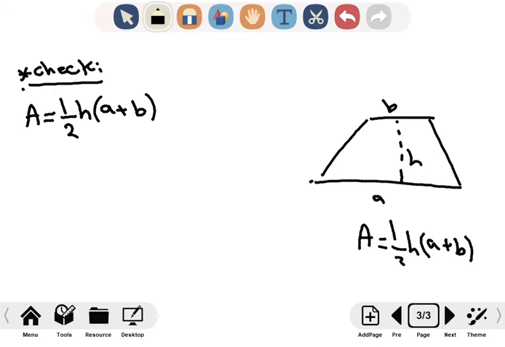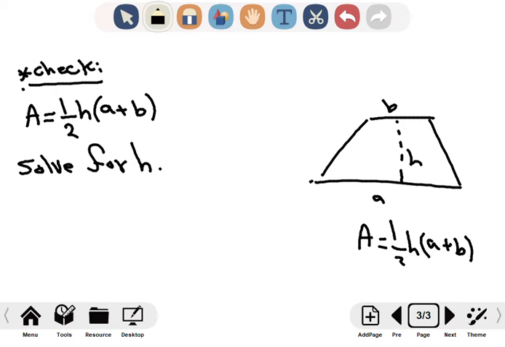I don't care about the area. I care about the idea of solving for a variable. The question says the formula for the area A of a trapezoid should be solved for H. I want the value of H, so I want to do steps until I have H equals.